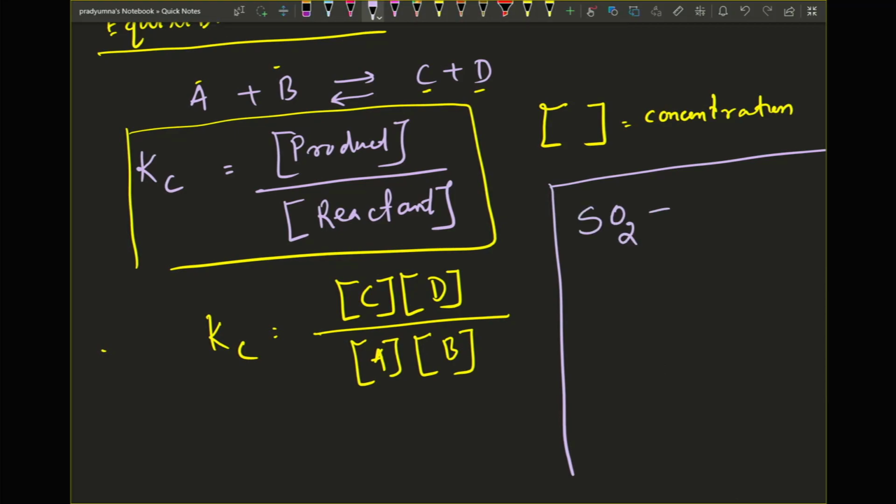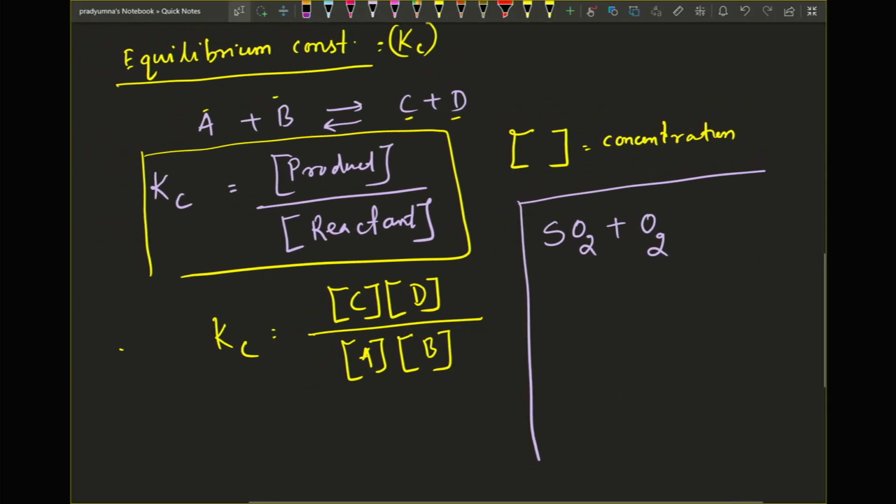Sulfur dioxide plus oxygen is in equilibrium with sulfur trioxide. Okay, so what's the balanced equation? Two of them here and two of them on the product side as well.